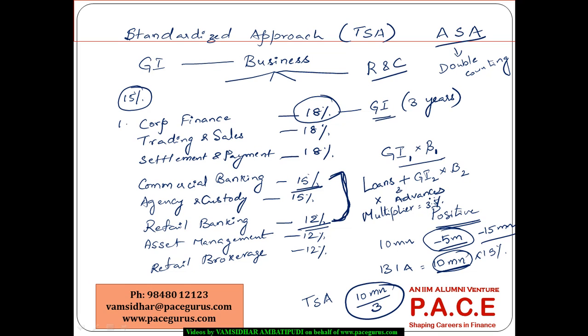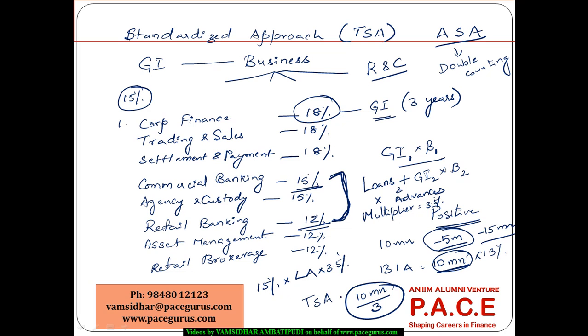So what we are typically doing for computation of the commercial banking and the retail banking is taking 15% of, instead of the gross income of these two, the loans and advances given by these particular departments multiplied by a multiplier of 3.5%. That's the only difference which an alternate standardized approach is bringing in.